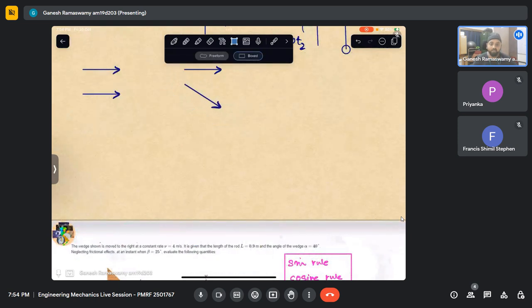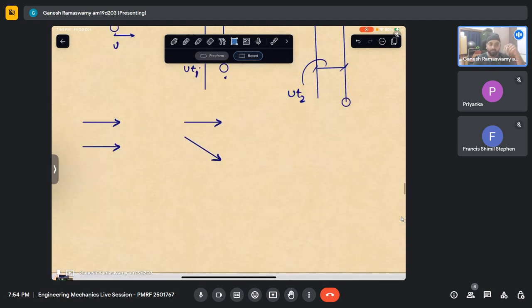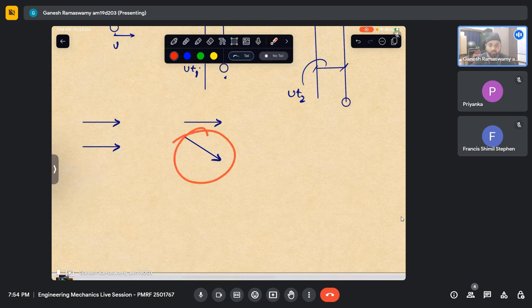Why did it increase in length? Because the horizontal component still remains the same, but gravity has imparted some vertical velocity. That is why the magnitude of this arrow has increased. This component is still the same, but now an additional vector is getting added by the action of gravity. That is why its length has changed.